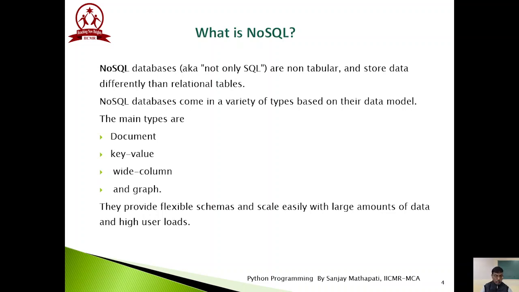NoSQL databases came up in the late 2000s, and we know the cost of storage was a factor. Why did NoSQL become popular? NoSQL doesn't bother about how much space is required to store data. Before that, we were very conscious about storage size, because the cost of memory was very high before 2000.